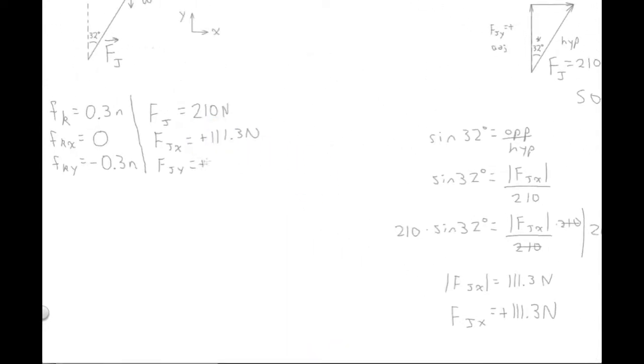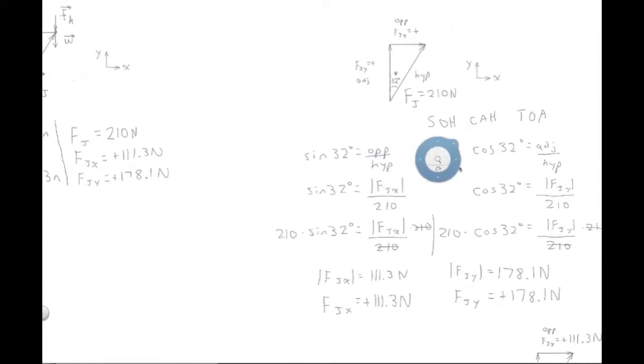So here we have F sub jx is 111.3 newtons, and F sub jy is positive 178.1 newtons. Did you get these components correctly? If you got these components correct, excellent. If you got these components wrong, that's not so good.